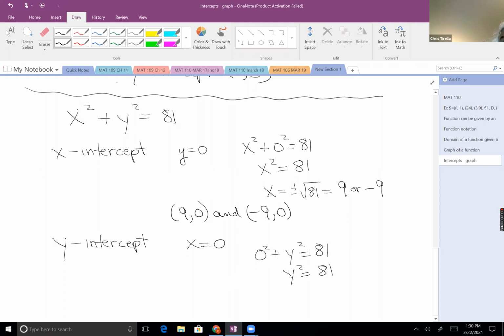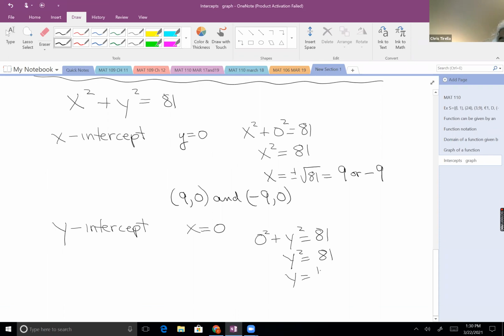And when I take the square root, again, I have to remember 81 has 2 square roots, a positive and a negative. So that could also be 9 or negative 9. And so my y-intercepts are points with an x value of 0 and a y value of 9, and then another one with an x value of 0 and a y value of negative 9.